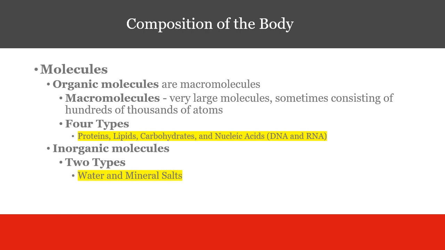And then lipids and carbohydrates are both comprised of the exact same types of atoms. Those are carbon, hydrogen, and oxygen atoms, CHO. So they're both CHO. The difference between lipids and carbohydrates is that they're structurally different as far as the ratio of carbon to hydrogen to oxygen.